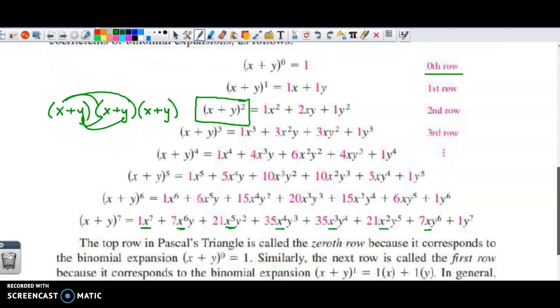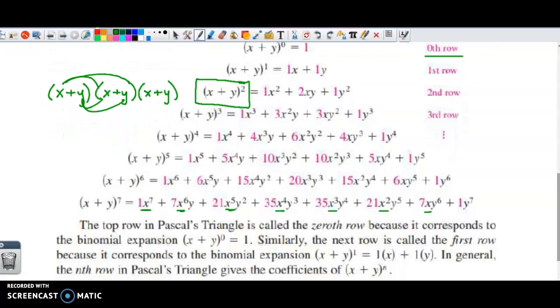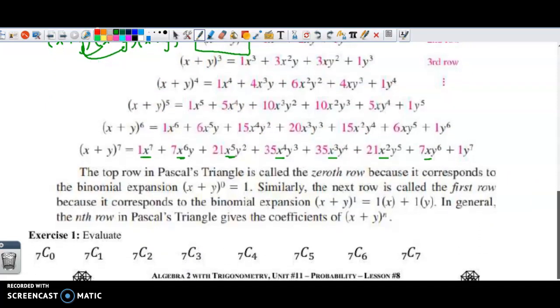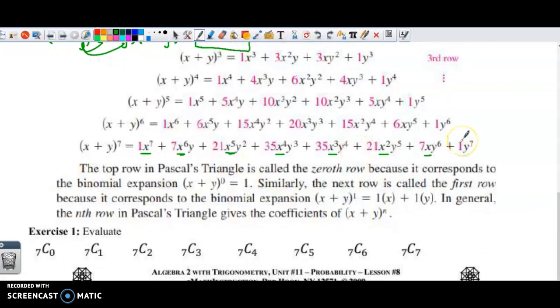Now before I do that, I want to point out, because this probably seems really new to you, and you might be sitting there and saying, how in the world does that have anything to do with combinations or permutations? Well, if I asked you to do 7C0, now remember the first number needs to be bigger or equal to the last number, and as a reminder, this is 7 factorial over the difference factorial times the second number factorial.